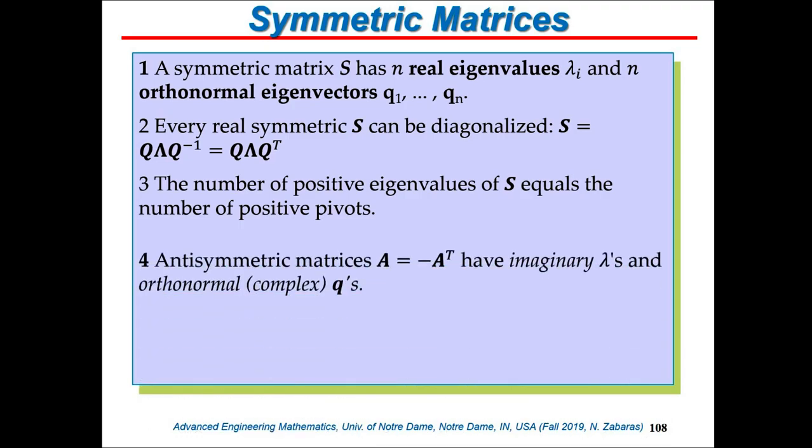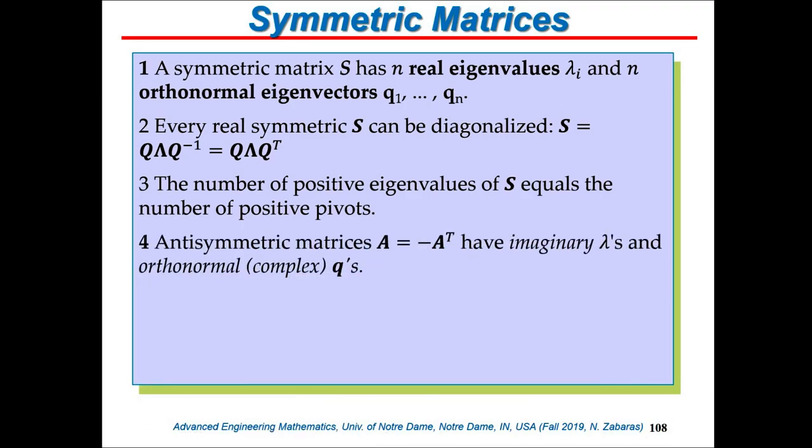Now, we mentioned 2 slides ago that if the matrix A is anti-symmetric, it has pure imaginary lambdas, and the eigenvectors are orthonormal, but they're complex.